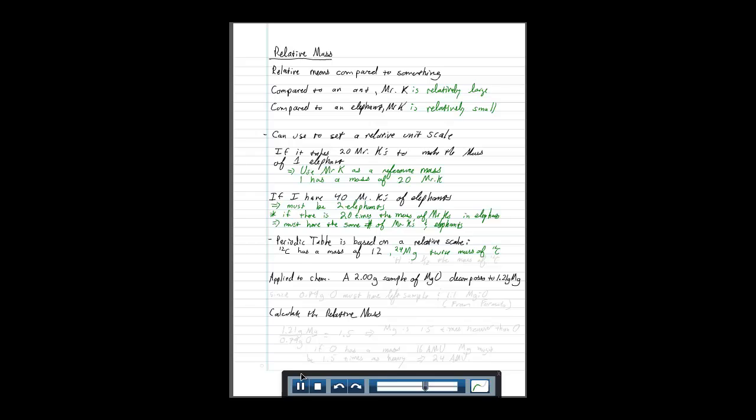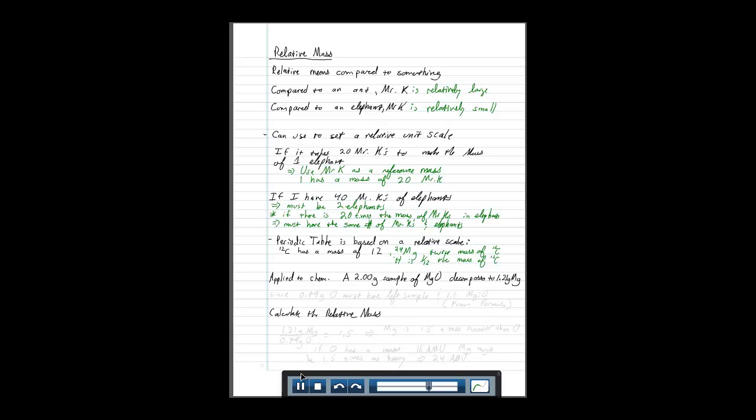And hydrogen-1 is 1/12 the mass of carbon-12. So the periodic table is a relative scale compared to carbon-12 having exactly a mass of 12 AMU.